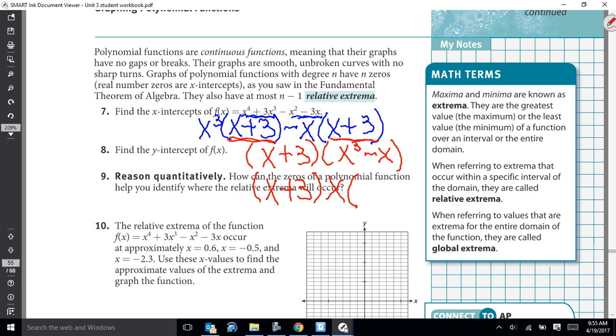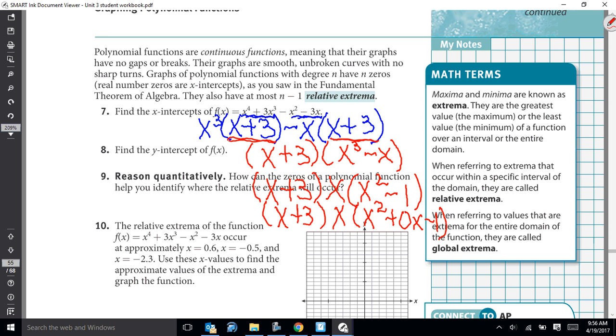So when I take out an x, what do I have? x squared minus 1. Now that has a middle term of 0, correct? So x squared, I can rewrite it. So I have a quadratic. So now all of a sudden I have 2 zeros. I have 2 of my zeros.